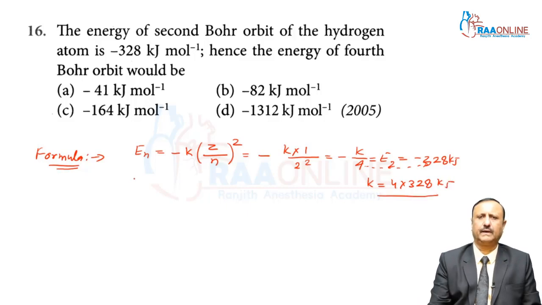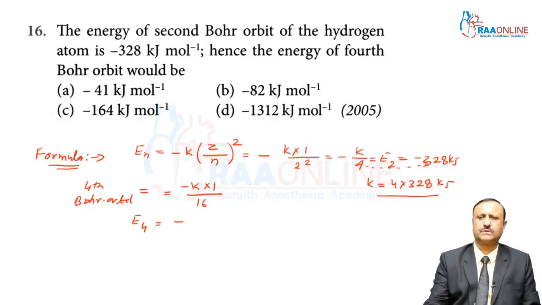Now he asks for the energy of the fourth Bohr orbit. So in the fourth Bohr orbit, the energy E4 is equal to minus k into 1 upon 4 square, which is 16.